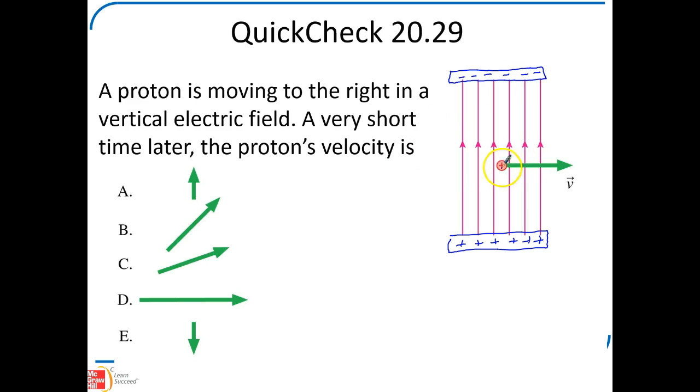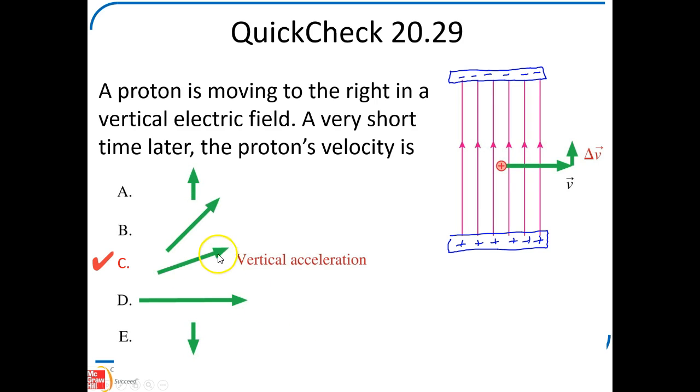So a little bit later after this, so this is not the direction it's moving, this is its velocity. It's actually going to move a little bit differently. So we know that opposites attract, so the proton is attracted to the top side, it's repelled from the bottom. So we've got to think about which one of these this is going to be.